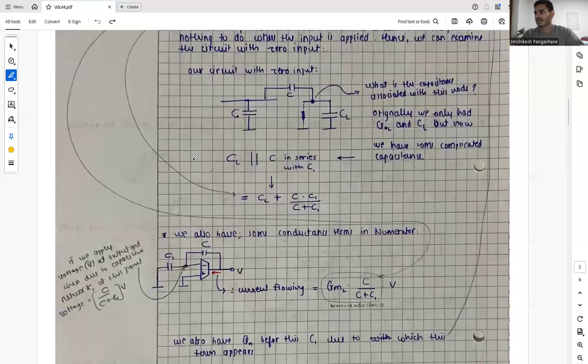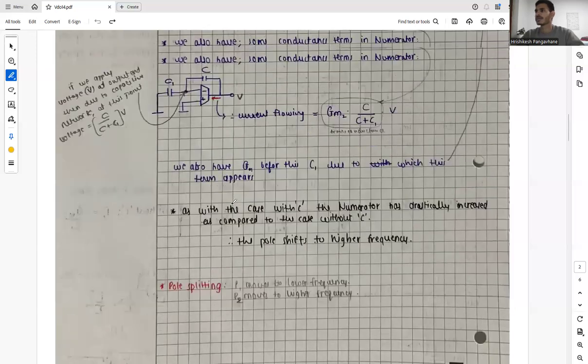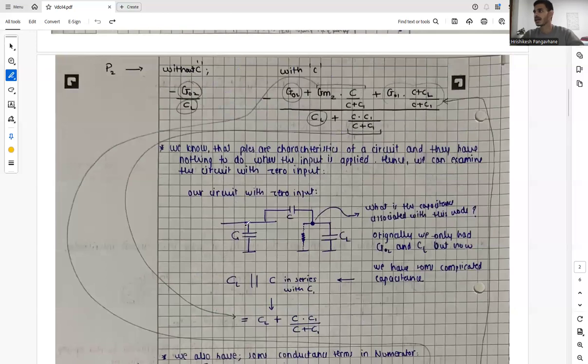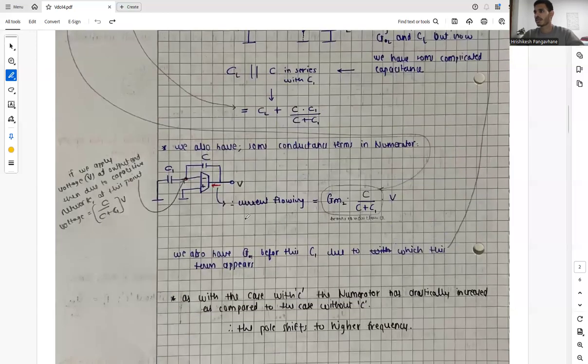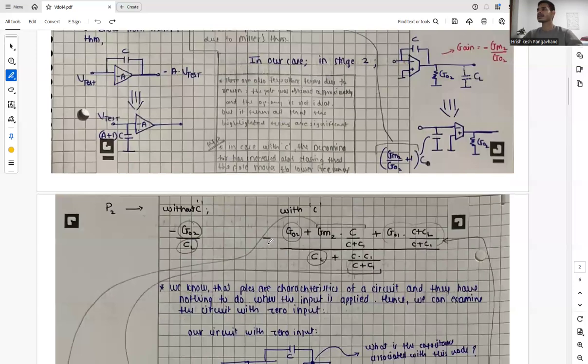So this simply states that the pole shifts to the higher frequency. While applying intuition, we can say that both poles go apart from each other, and this is called pole splitting, where P1 moves to the lower frequency and P2 moves to the higher frequency when there is a capacitance between two nodes of our second stage.